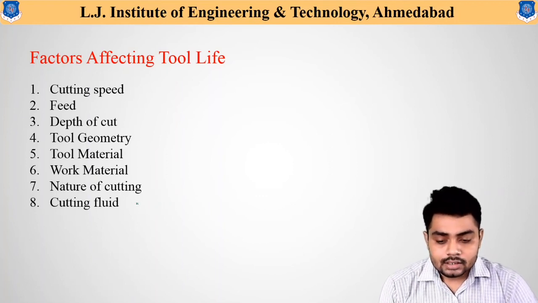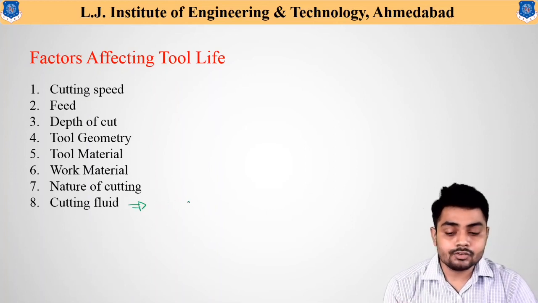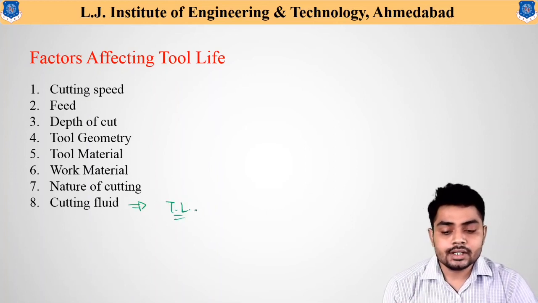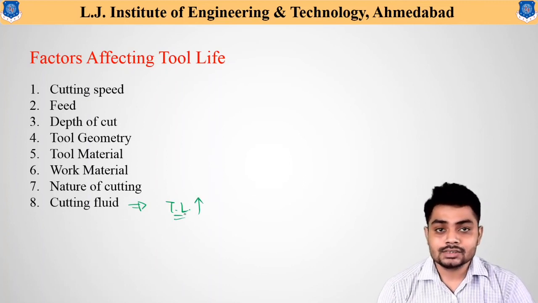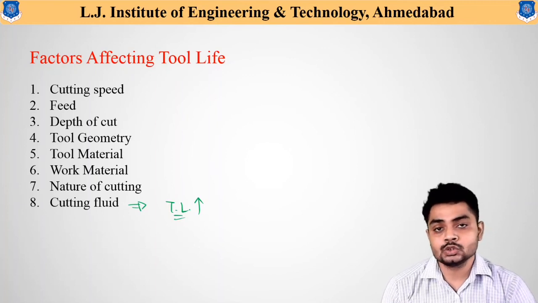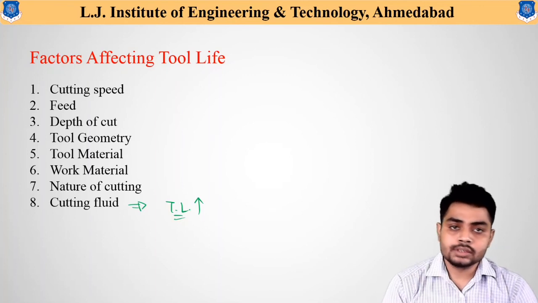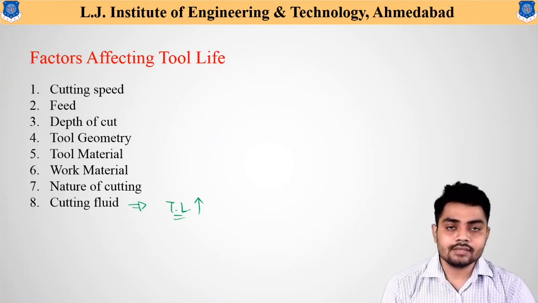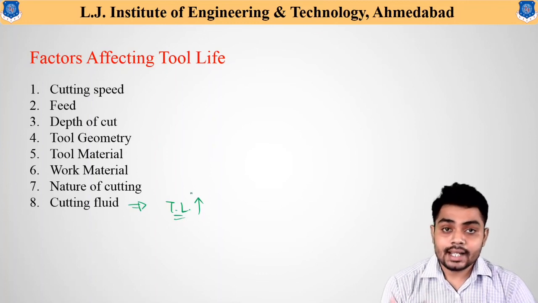So again, if we simply write, the supply of cutting fluid results in an increment of the tool life. And if the cutting fluid is not supplied, higher heat is generated, which results in the blunting of this particular tool. So cutting fluid supply is most important, and the supply of cutting fluid increases the tool life. So these are the major 8 factors which affect the tool life.